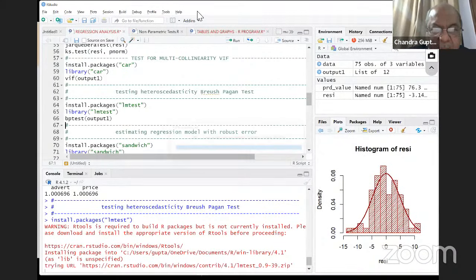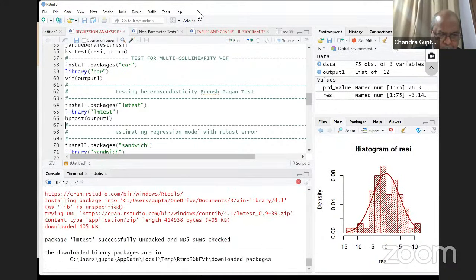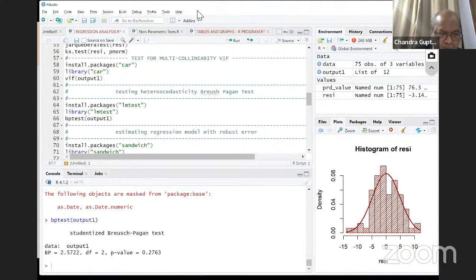It's asking me to download. That's my BP test.